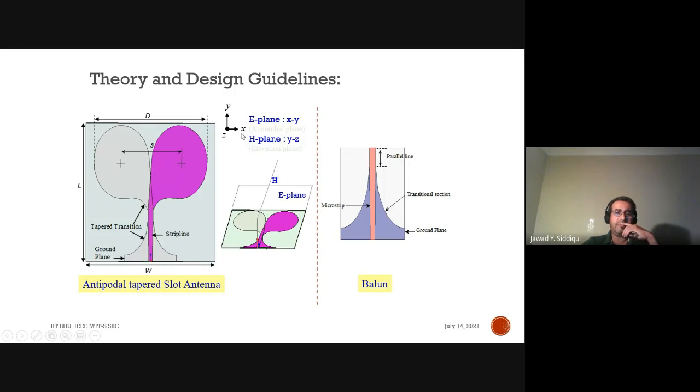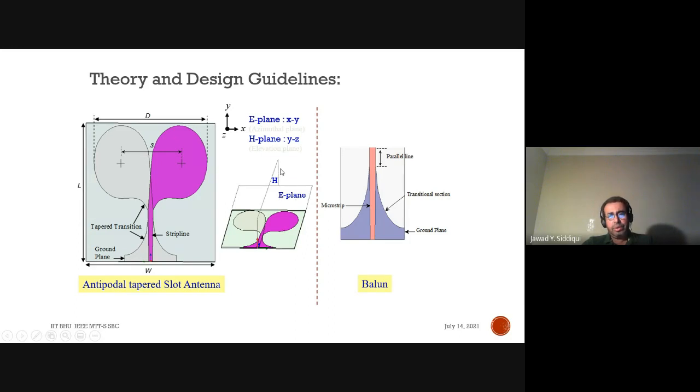When we have the electric field in the X direction and the maximum radiation in the Y direction, the XY plane, or the azimuthal plane, forms the E plane, because by definition the E plane is the plane which consists of the direction of maximum radiation and the electric field vector.